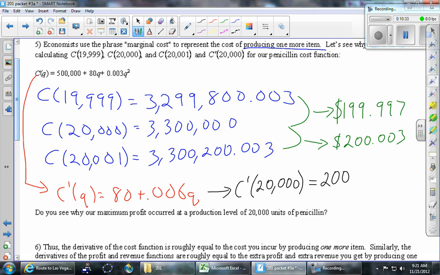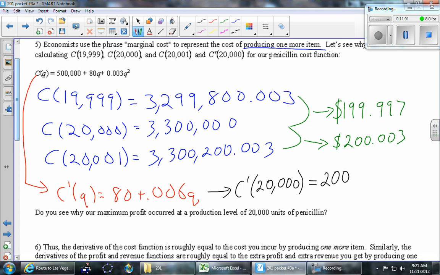Well, suppose that you produce exactly 20,000 units. How much did that last one cost you to produce? How much did it cost us to produce that 20,000th one? Was it just over or just under 200? Just under 200, right? It cost us $199.997 to produce the 20,000th.